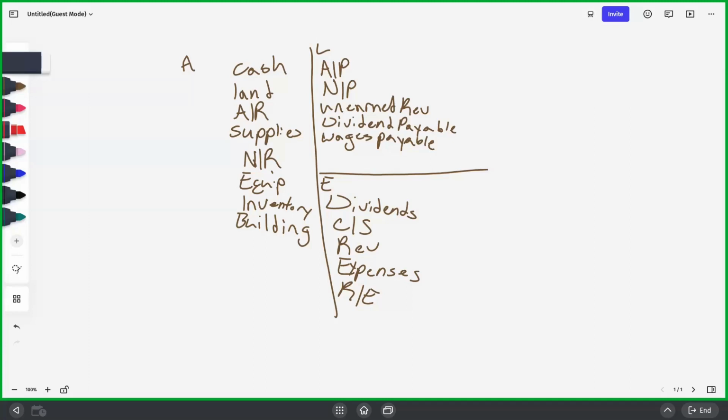So, can anyone list the external users of the financial statements? Customers, investors? IRS is definitely one of them, government. We got one more. Stockholders or our investors, still a good answer too. I'm looking for one more category of people.